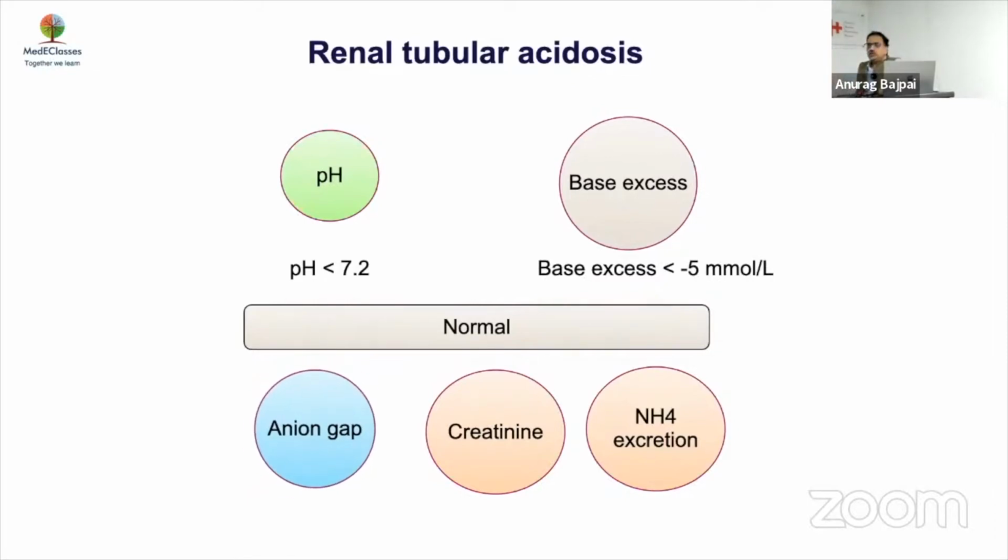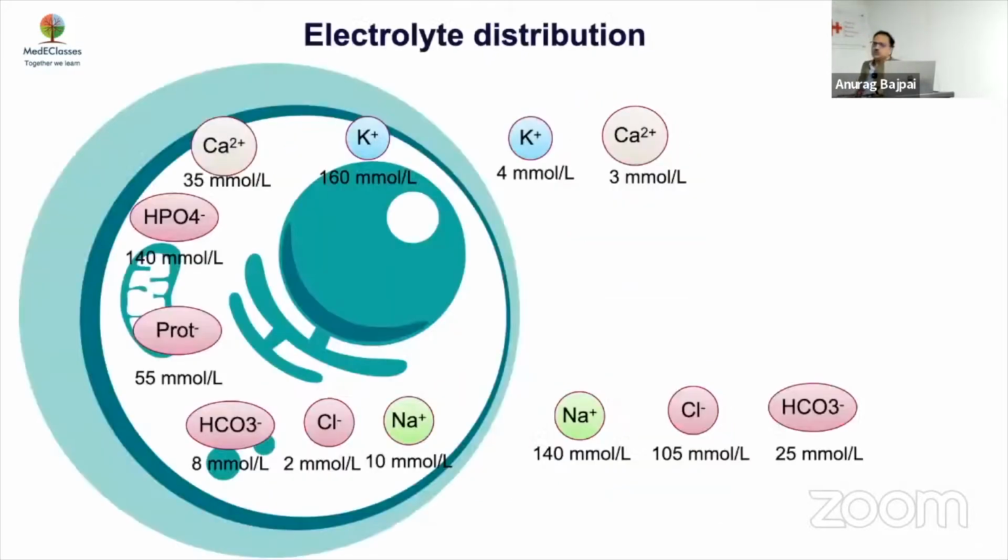On top of this, you need a hyperchloremic metabolic acidosis or a normal anion gap, which we'll discuss, with abnormal ammonium excretion as reflected by a positive urinary net charge, which we'll also discuss, and a normal creatinine.